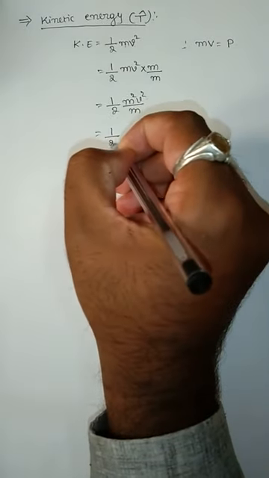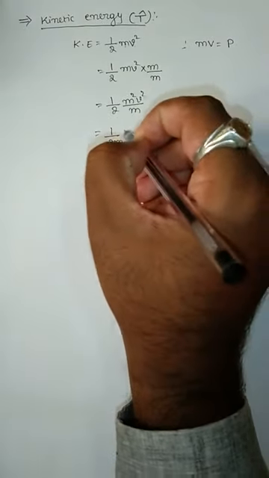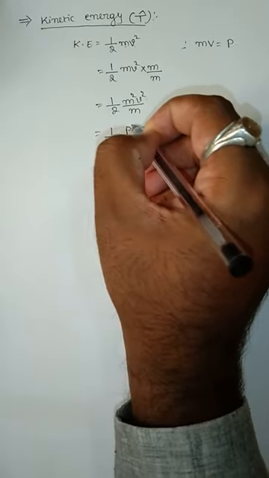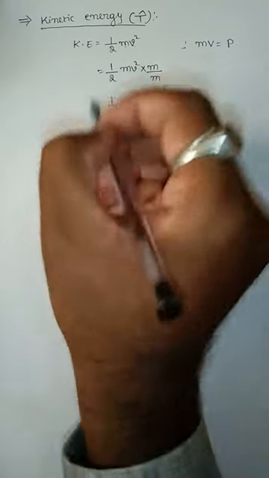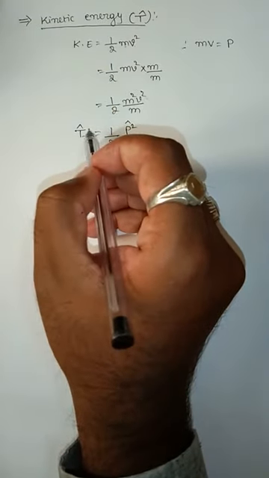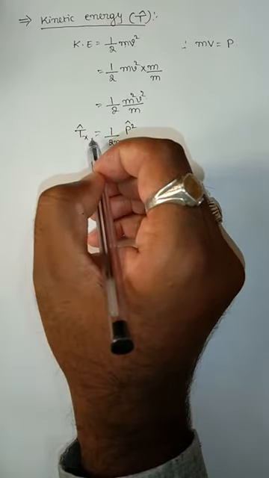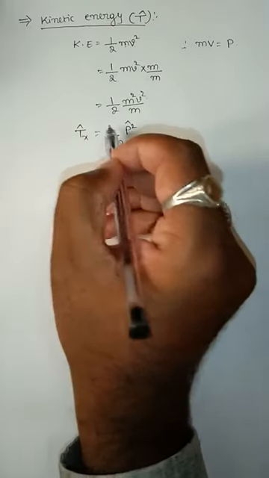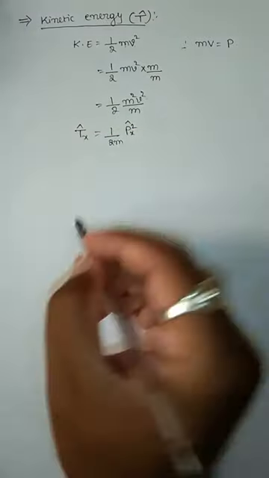This m square v square can be written as p square, that is p cap square, since the kinetic energy T cap is expressed in terms of, if we take the kinetic energy operator along the x-axis, 1 by 2m into px square.